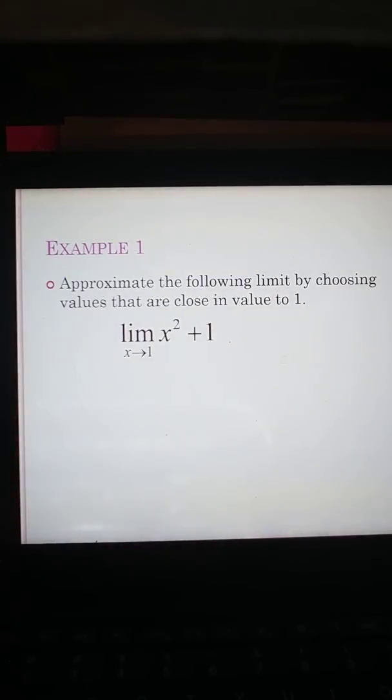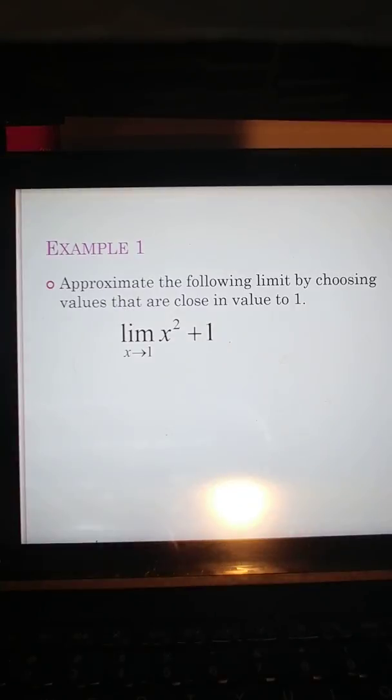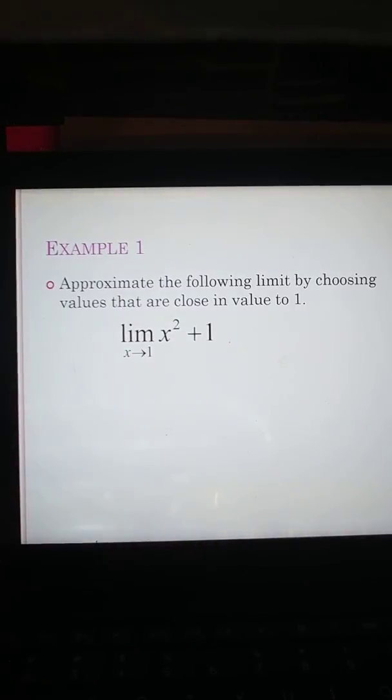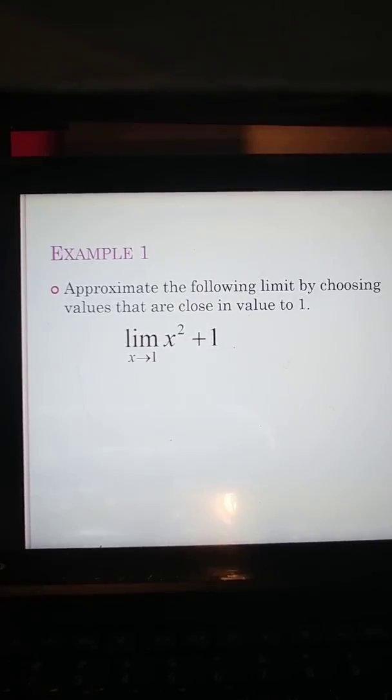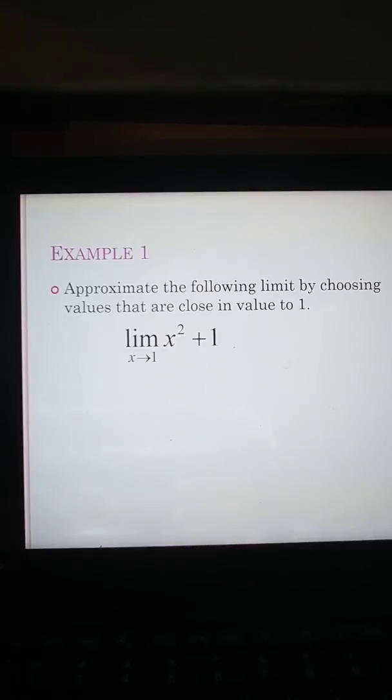Approximate the following limit by choosing values that are close in value to 1. So we're going to do an example where we actually find the limit by approximation. What we're going to do is pick values that are slightly bigger than 1 or slightly less than 1.